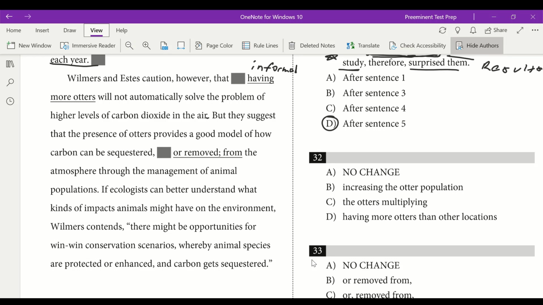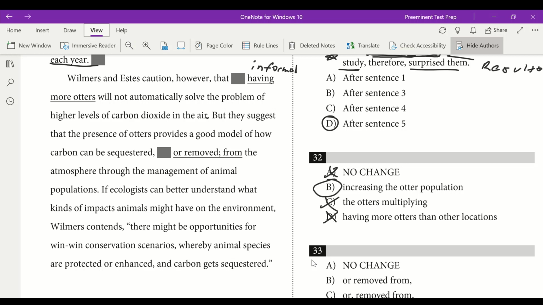So saying having more otters, that's kind of informal, right? So if we look at our answer choices, we have that the otters multiplying, which doesn't make sense, and then D, having more otters than other locations. Well, we're not talking about other locations, so that's out. So we're left with increasing the otter population versus having more otters. Well, increasing the otter population is much more formal and fits in the context of a scientific essay like this.